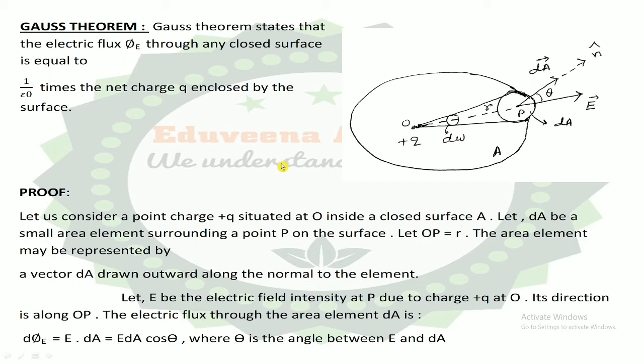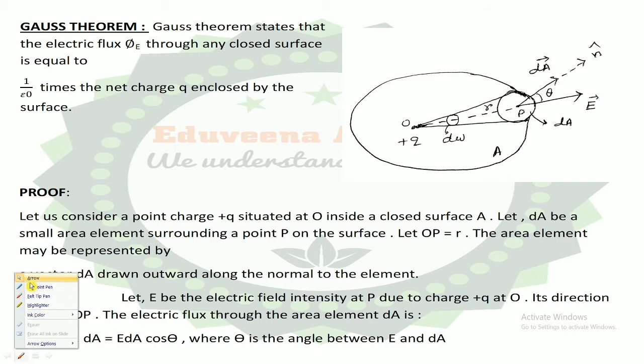Now the important theorem in this chapter is the Gauss theorem. We'll state the Gauss theorem first and then we'll prove it. So what is Gauss theorem? Gauss theorem states that the electric flux phi through any closed surface, mind it, it is a closed surface, is equal to 1 by epsilon naught times the net charge Q enclosed by that closed surface.